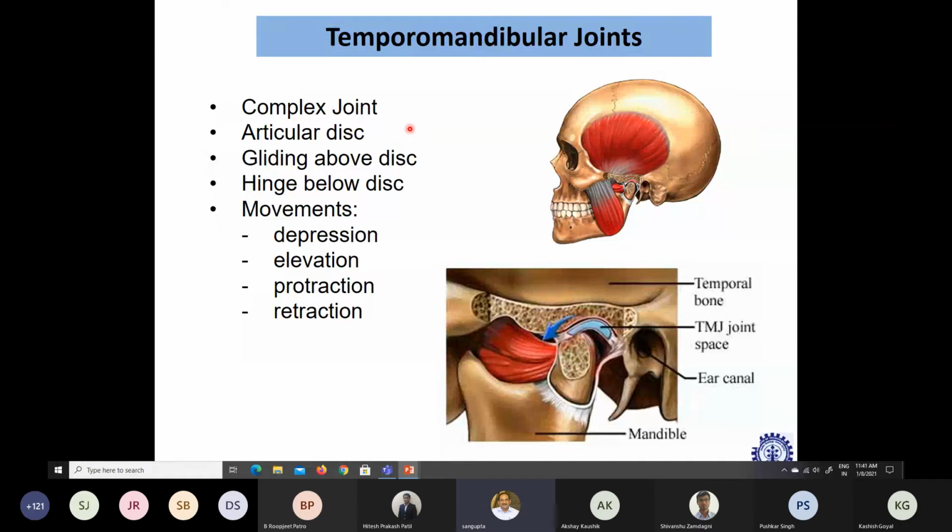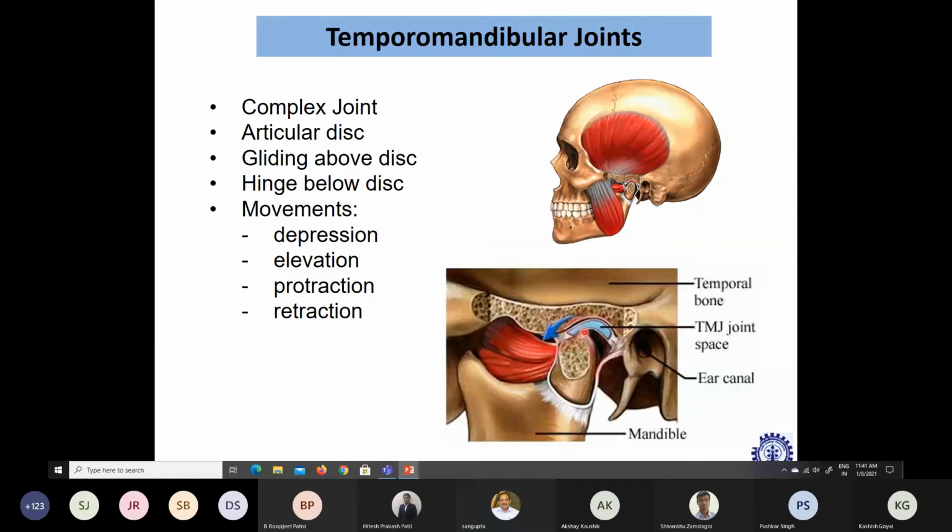It's a very complex joint, and it is actually connecting the mandible, which is the jaw. You can see clearly here the mandible. If I focus here, you can see the mandible, which is the bony structure on which the teeth are seated, and you have the temporal bone, and there you have a very complex TMJ joint space, the blue one.